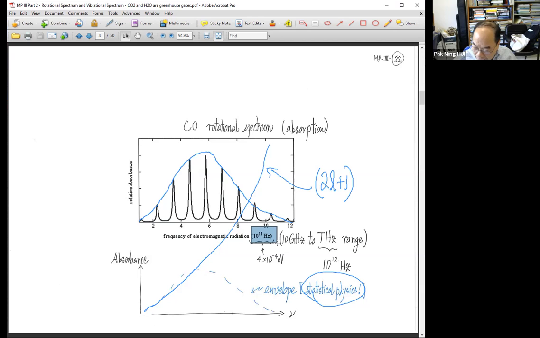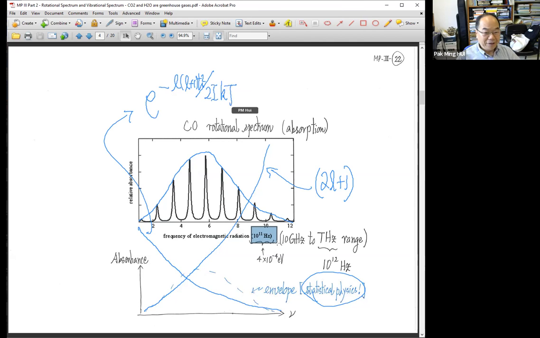There's another line coming down that is related to something like E to the minus... Do you recognize this as something like the Boltzmann factor?